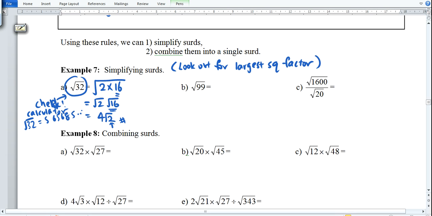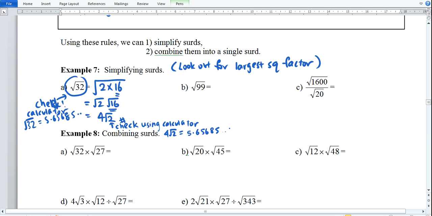To check whether my answer is correct, I can also use the calculator: I press square root 2 on my calculator, and if this is correct, it will also give me 5.65685 and so on. So this is how we can check our answer.